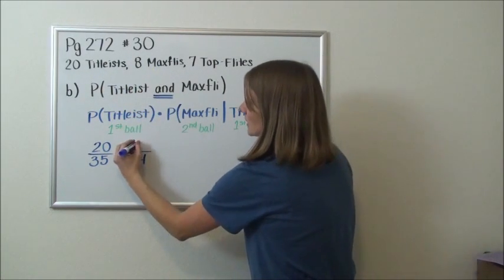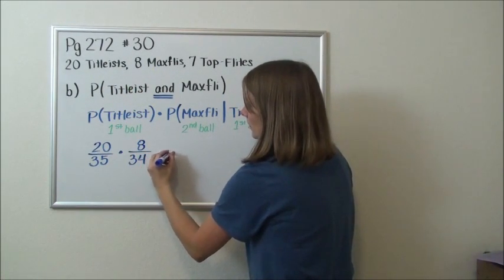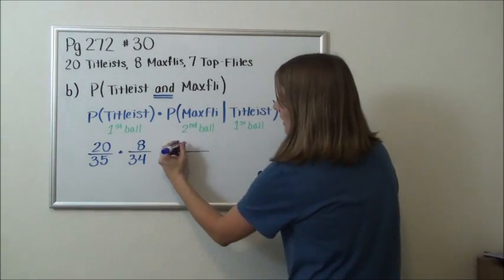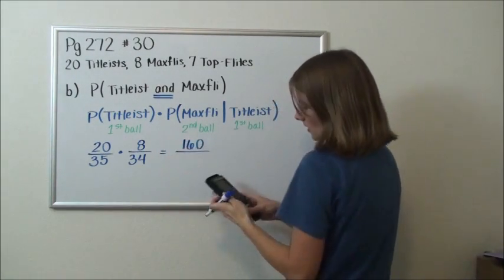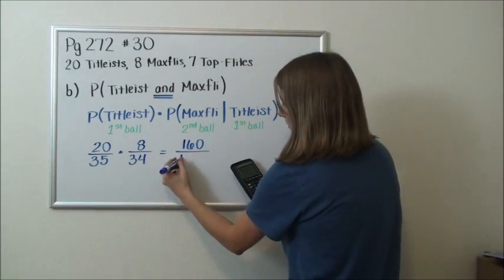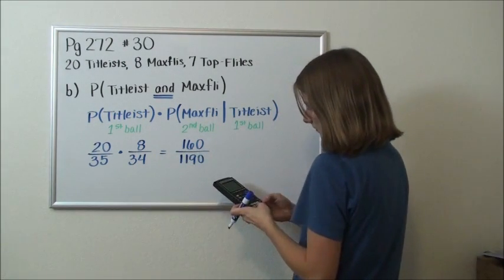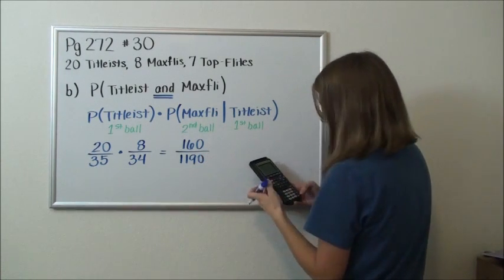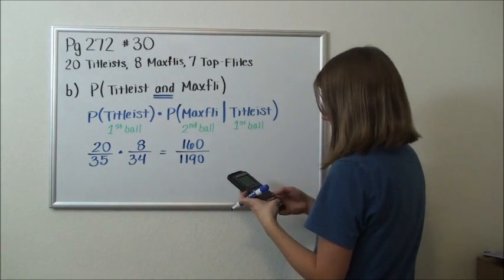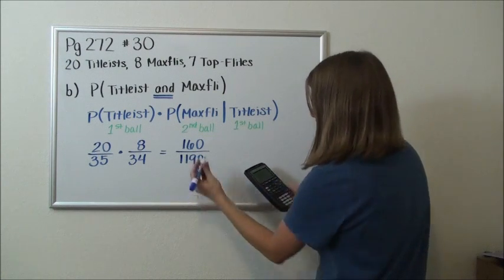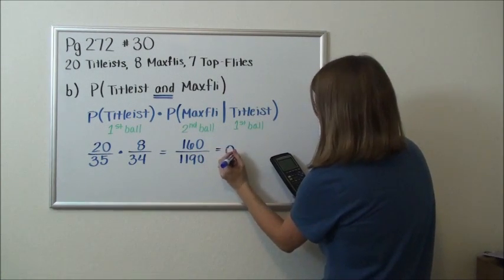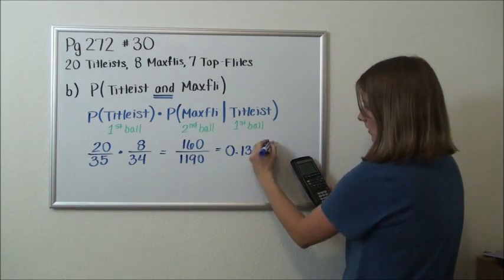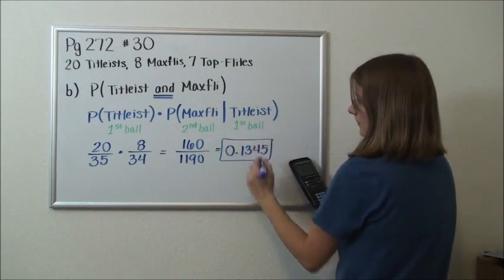So there's still 8 Max Flies in the bag. And when I multiply straight across, the 20 times 8 gives me 160. The 35 times 34 gives me 1190. And then when I divide, 160 divided by 1190, I get 0.134, and then I'm going to round to a 5 there.